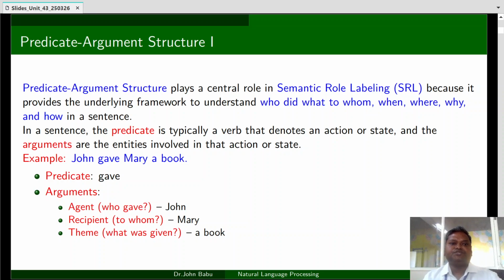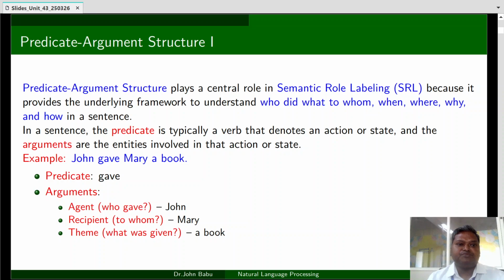A predicate is a verb which defines the sentence, and predicate argument structure plays a key role because it gives the framework or the context. What we mean by context: who did it, what has been done, to whom it has been done, when it was done, where it was done, why it was done, and how it is done. That information is given by predicate argument structure.